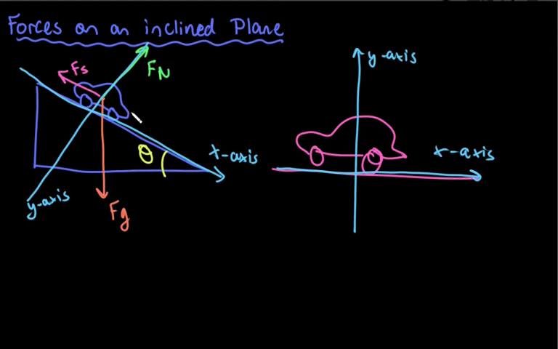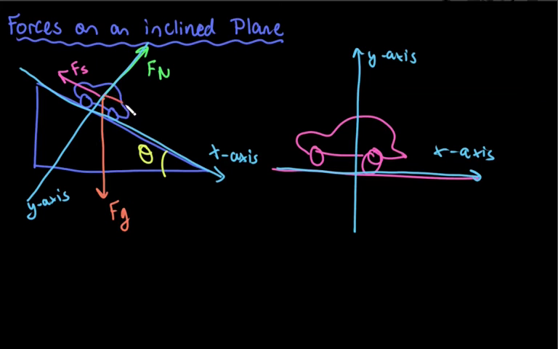Now, the second thing that we need to do is we actually need to look at our gravitational force right here. So if you see, our gravitational force is no longer parallel with the y-axis, meaning that our gravitational force is now at an angle. There are two components.